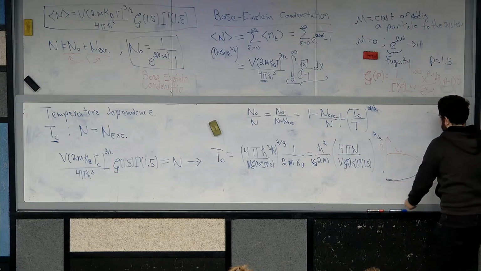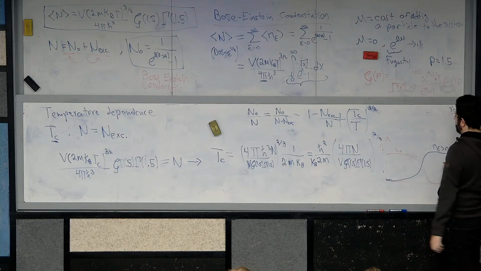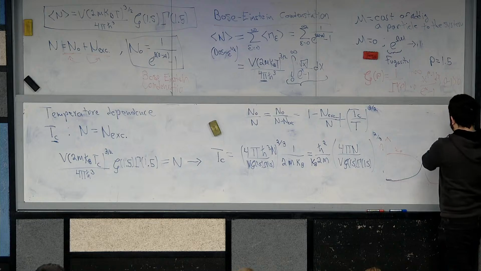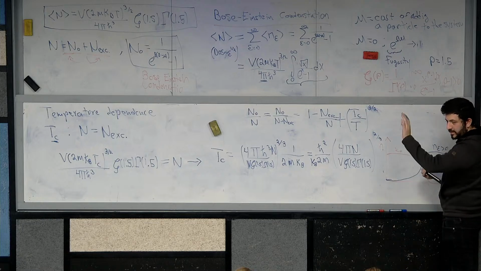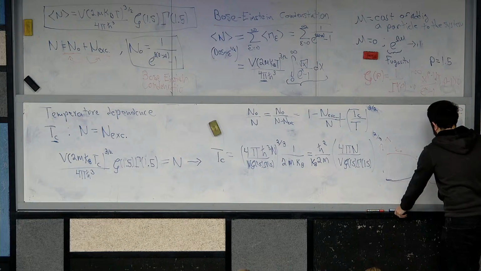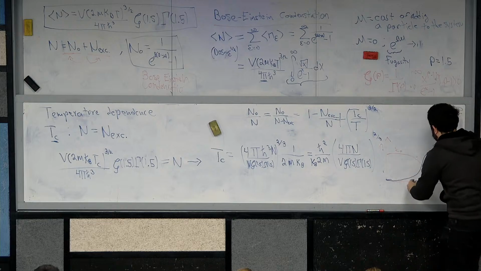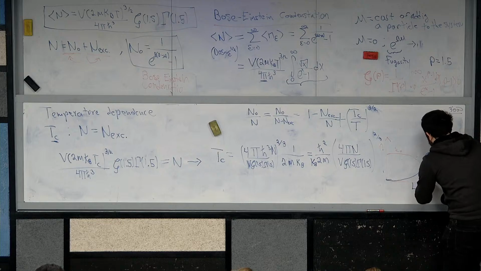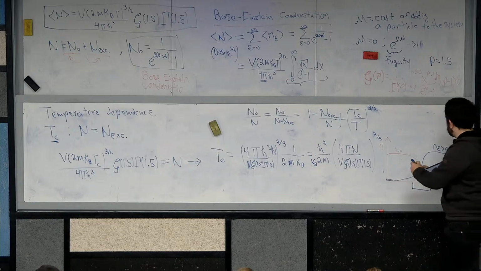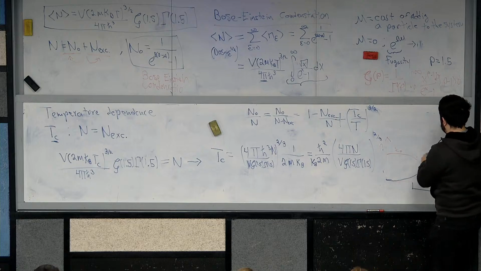Okay, so this is the particles that are sitting on the ground state, and these are the particles that are sitting above on all the excited states. So as a function of temperature, you can see that I exaggerated this region. Actually, this is very, very sharp. Okay, but it's just to show you what's going on.